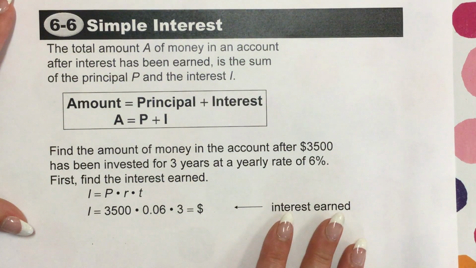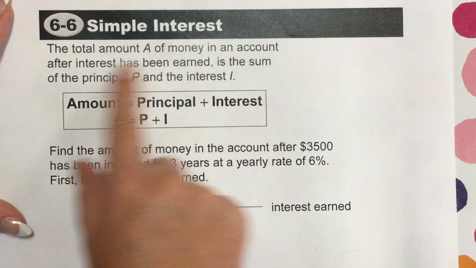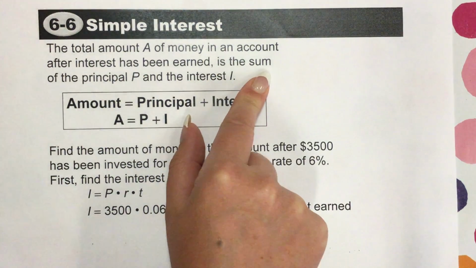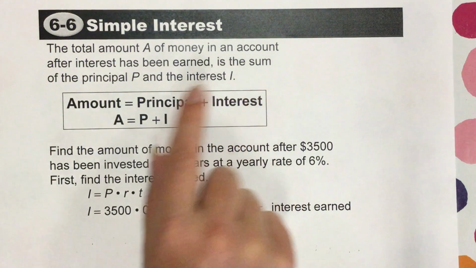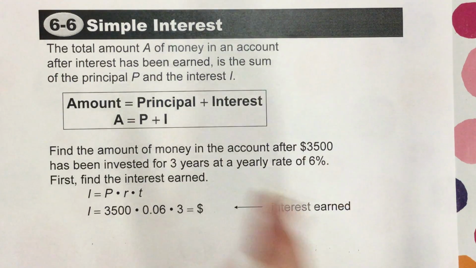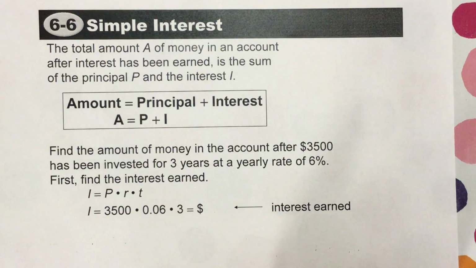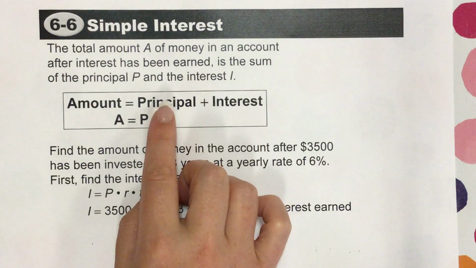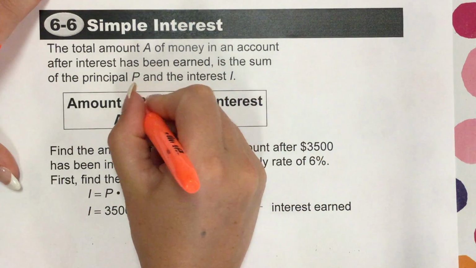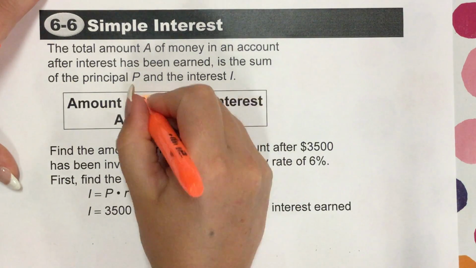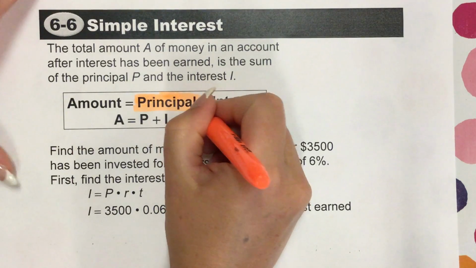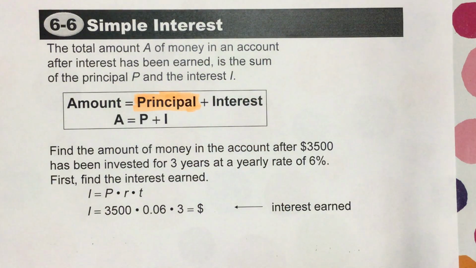So the total amount A of money in an account after interest has been earned is the sum, remember sum means we're adding, of the principal and the interest. So after you have invested money, you've invested your original principal. Now whatever money you originally invested is the principal.